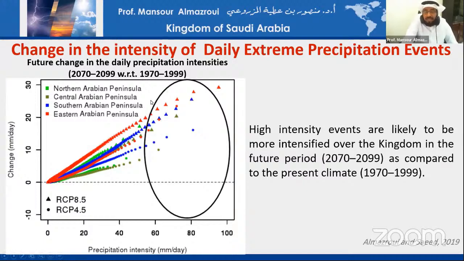This is particularly the north and the eastern part of the Arabian Peninsula. RCP 8.5 is represented by triangles, and RCP 4.5 by dotted lines. So it is very clear that in the future there is going to be more extreme rainfall, wetter rainfall.